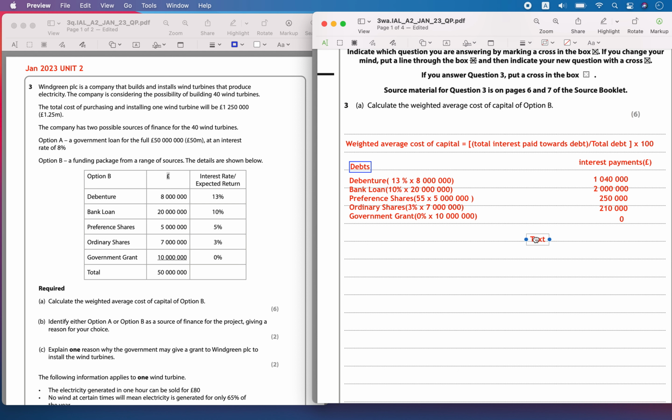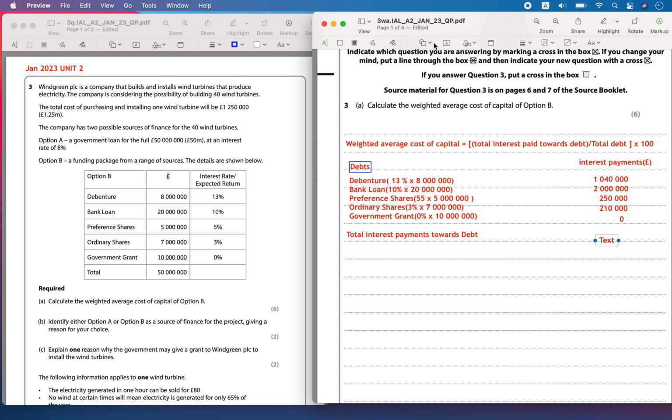Now let's add up the total interest paid towards this debt. How much is the interest that was paid?